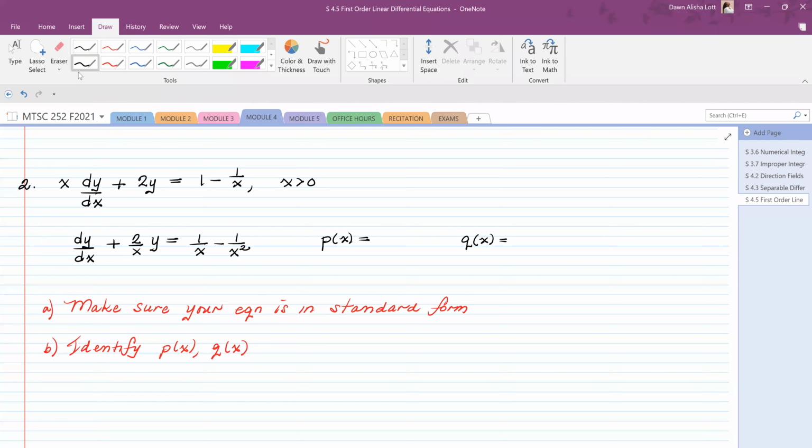2 over x. Okay, 2 over x. Remember, you have to look at the standard form. It's the thing that's in front of the y. So p of x is 2 over x. And what is q of x? 1 over x minus 1 over x squared.